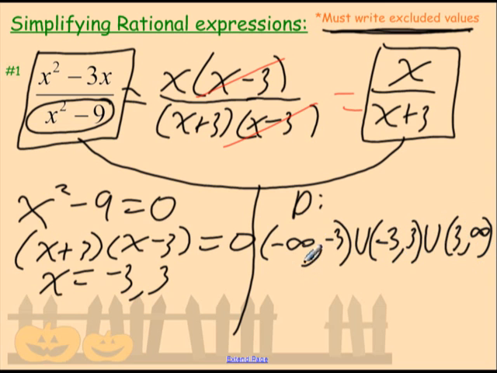So this is all the numbers less than negative 3, this is all the numbers between negative 3 and 3, and this is all the numbers bigger than 3. So notice we basically listed everything but negative 3 and 3. A little annoying, but that's how you have to write it in interval notation.